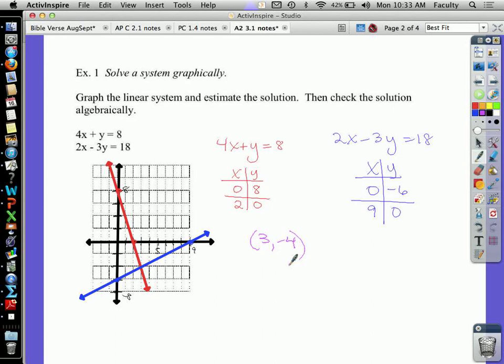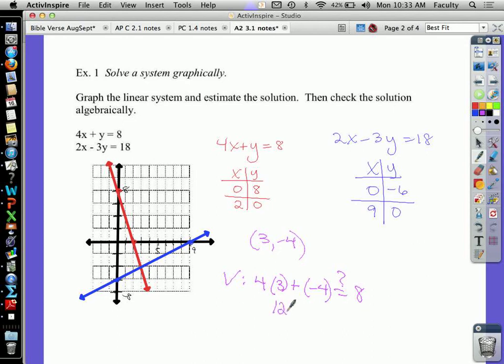Now it says check your solution algebraically. What that means is that what we read on the first slide is that the solution, your x comma y, has to work in both equations. So we're going to take 4 times 3 plus a negative 4. And you remember when we did inequalities and we were checking solutions, and I said, let's put a question mark because we're trying to find out if that's true.